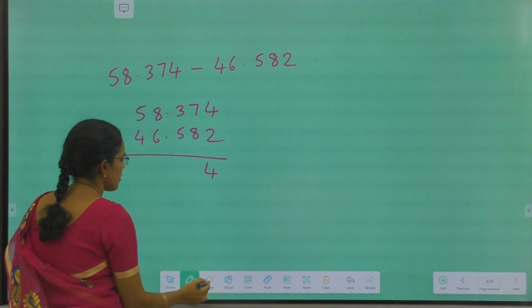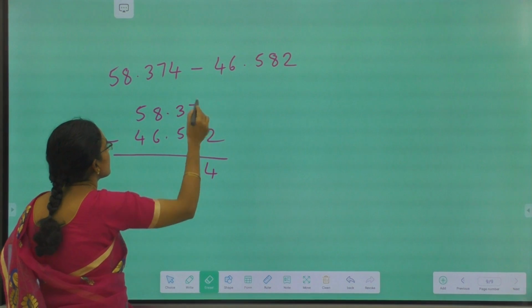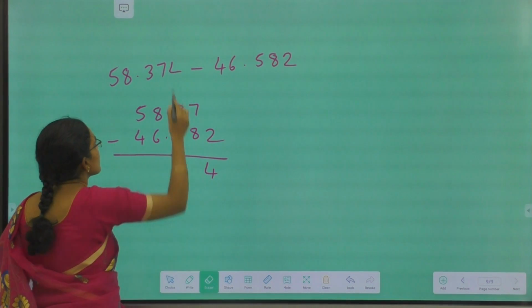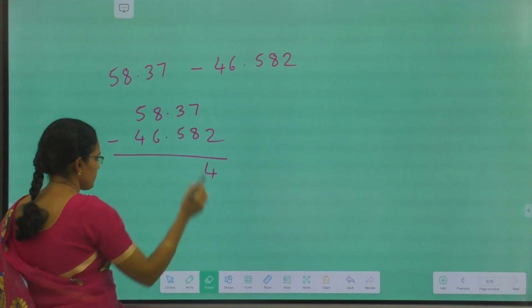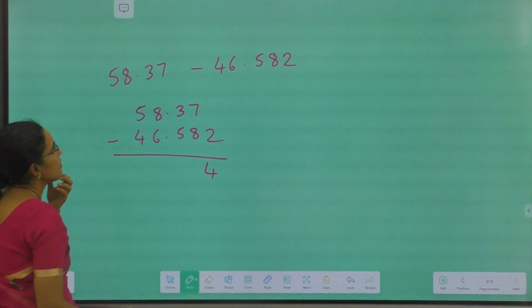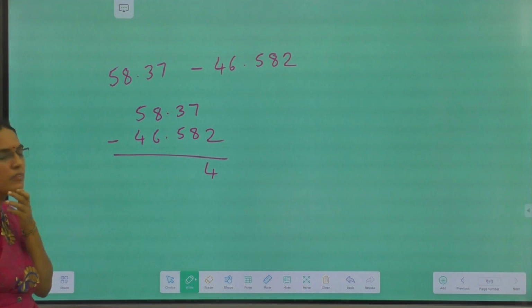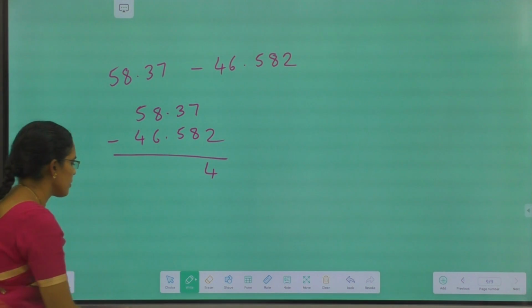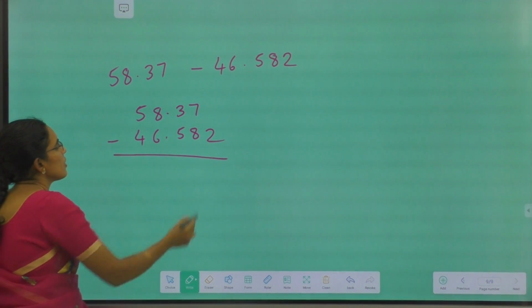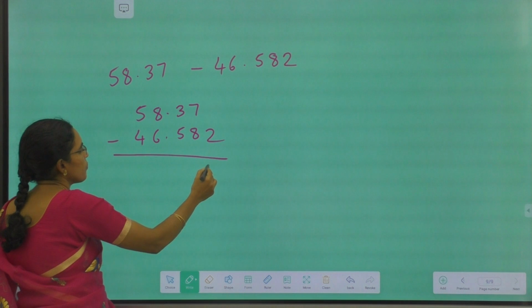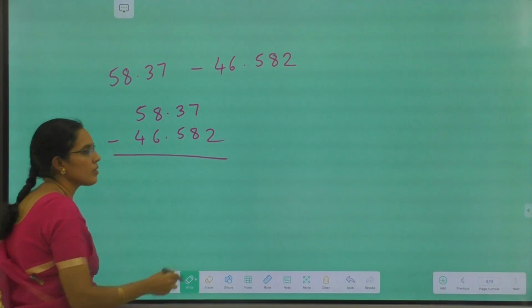Okay, let's take another example: 37 minus 582. For this case, if you want to do this problem, directly if you take 2, then that is a wrong answer. Why?